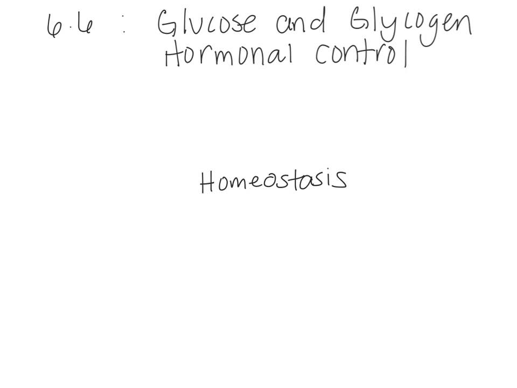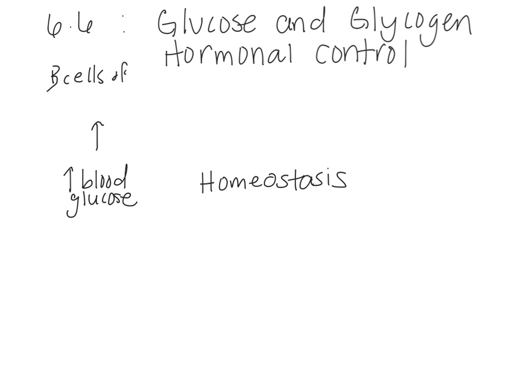Okay, so let's talk about when your blood glucose levels go up. Increased blood glucose level is going to occur after meal times, especially if you're eating foods that are high in simple carbohydrates.